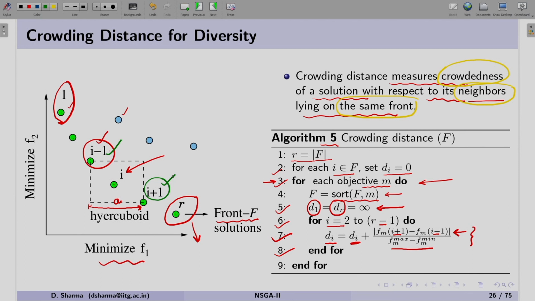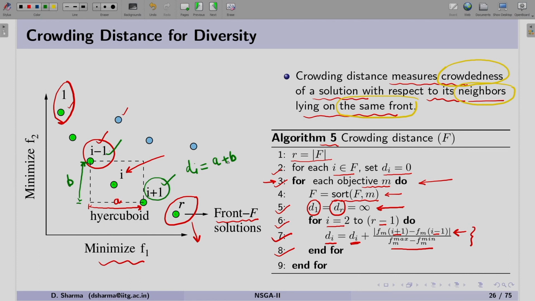In this case, when we find the crowding distance for the solution I, let us assume the difference between these two is B. So, the crowding distance of a solution I, if we write it as dI, will become A plus B. Similarly, we will be finding the crowding distance of all the solutions.